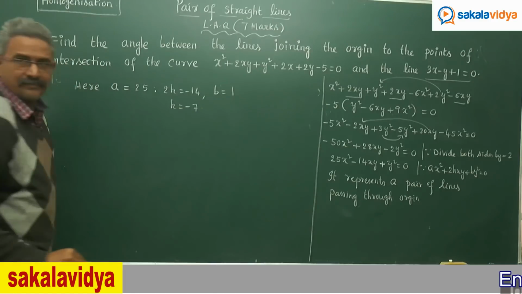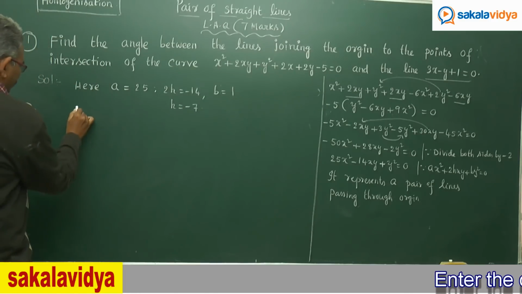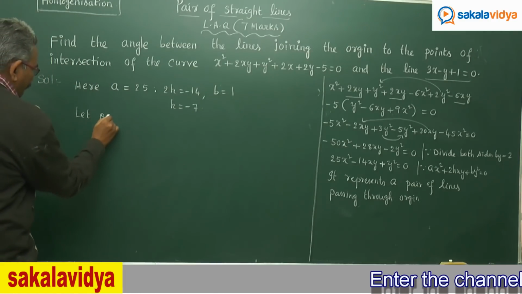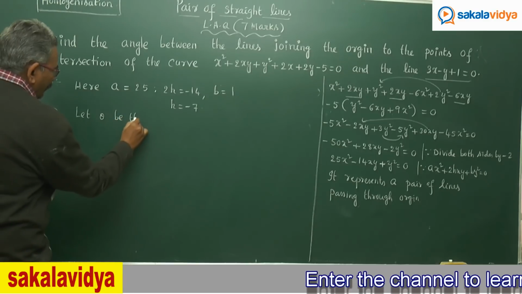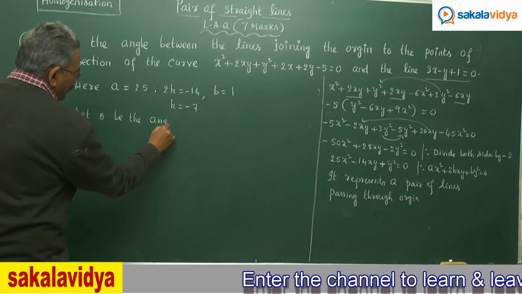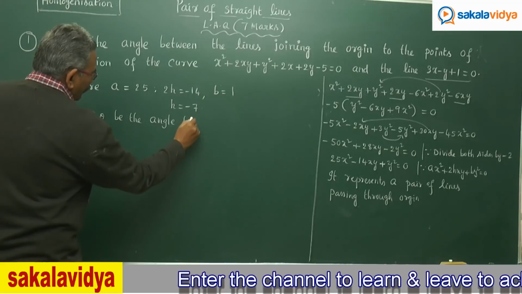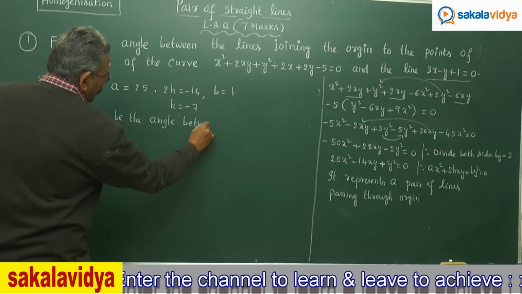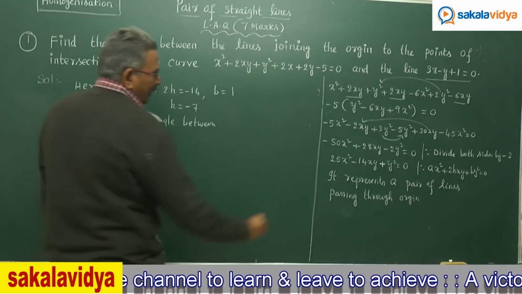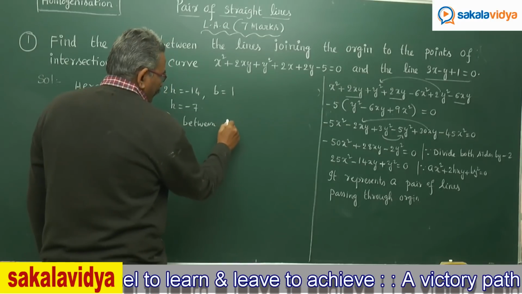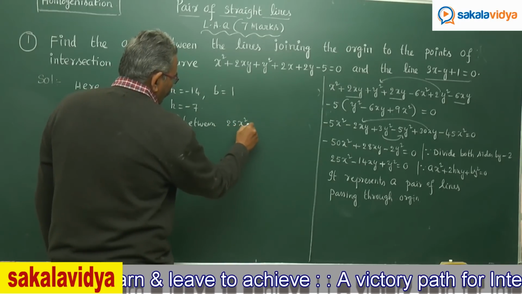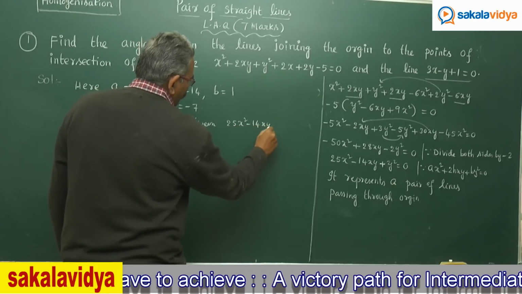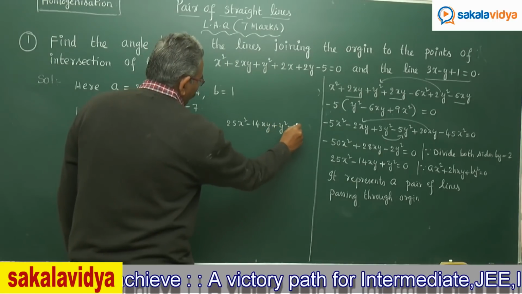Am I correct? Let theta be the angle between the lines 25x square minus 14xy minus y square is equal to 0.